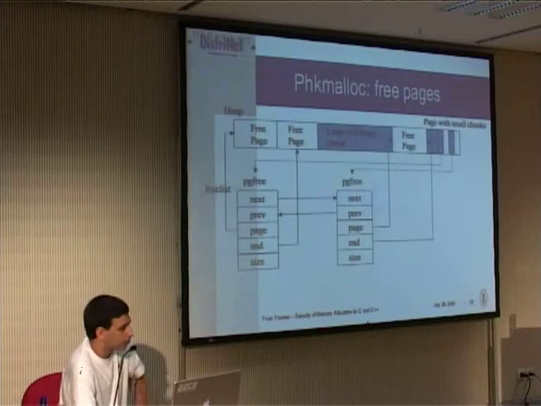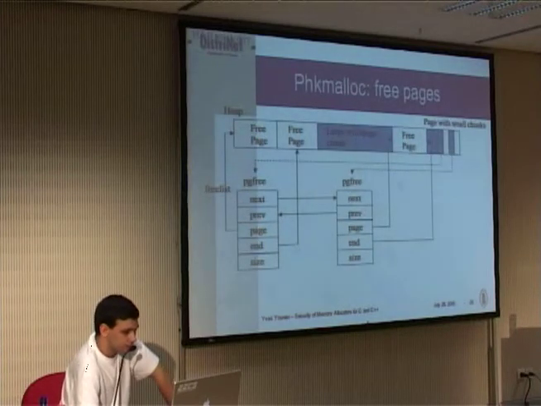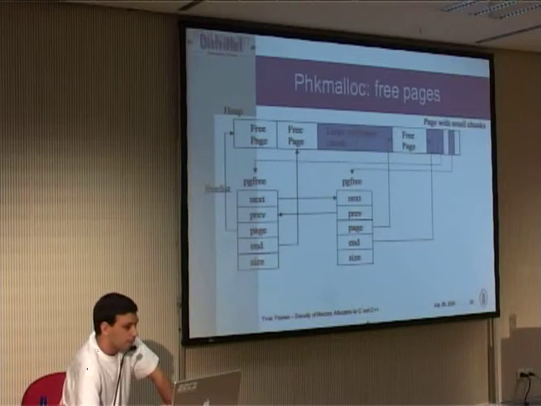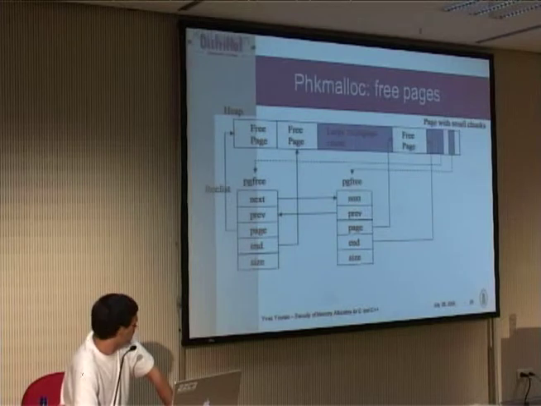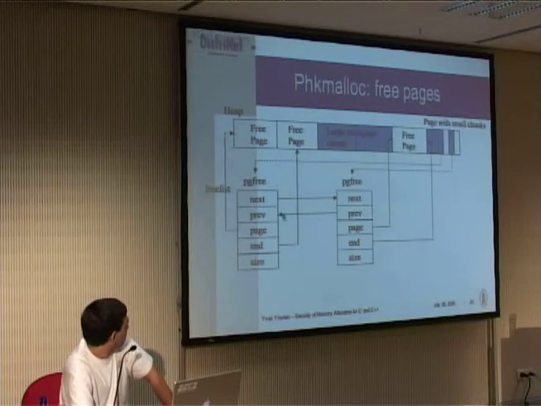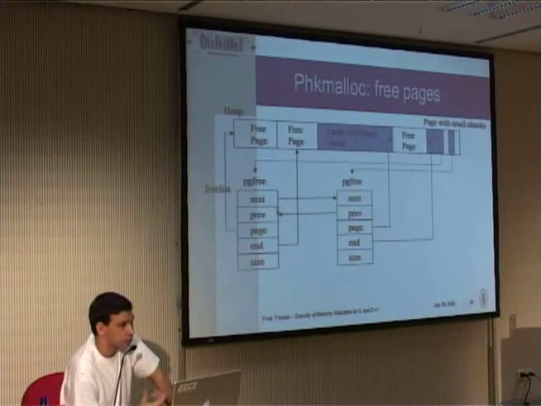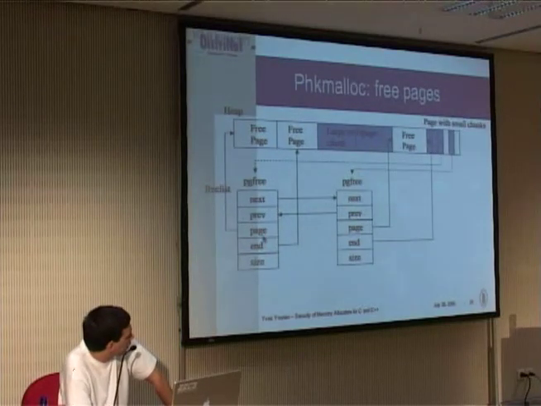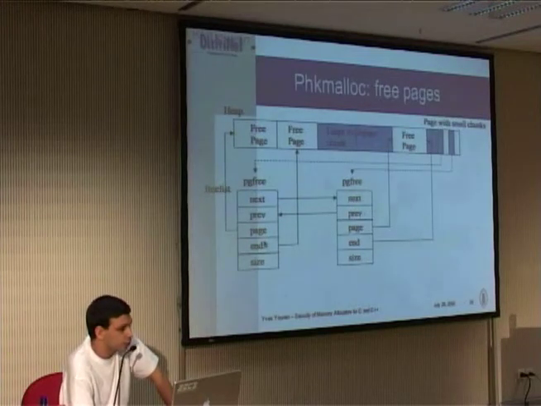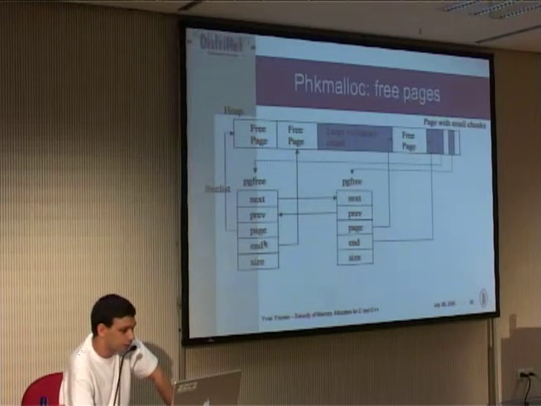So this is an example of the page free information block. So for a page free, we have the next and previous, which store the doubly linked list of free pages, a pointer to the free page itself, and to the last free page. So the first two free pages have been coalesced, so there's only one page free for that area of free pages.